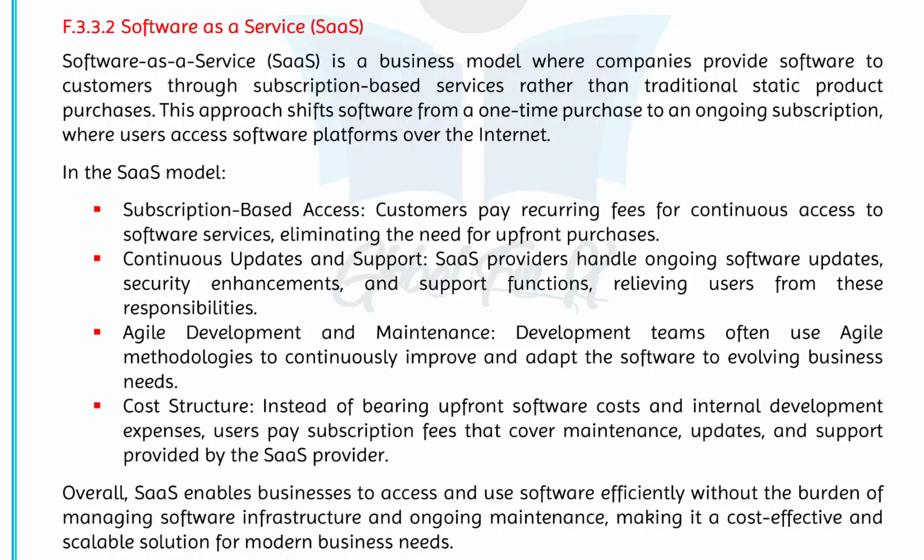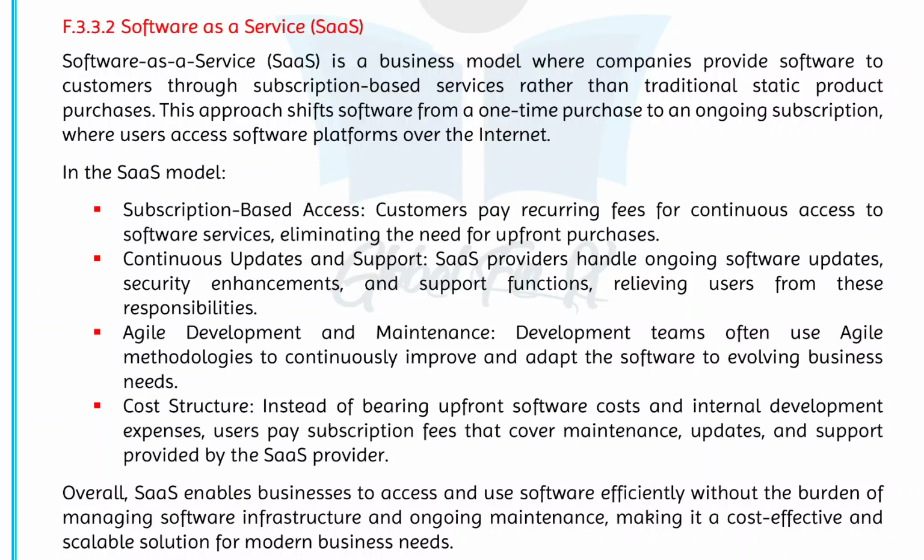So the next one is SaaS, software as a service. This is something that you all are using without knowing it is called SaaS. Netflix, Amazon Prime, Hotstar, AHA, Spotify, YouTube Premium, all of these are called SaaS only.